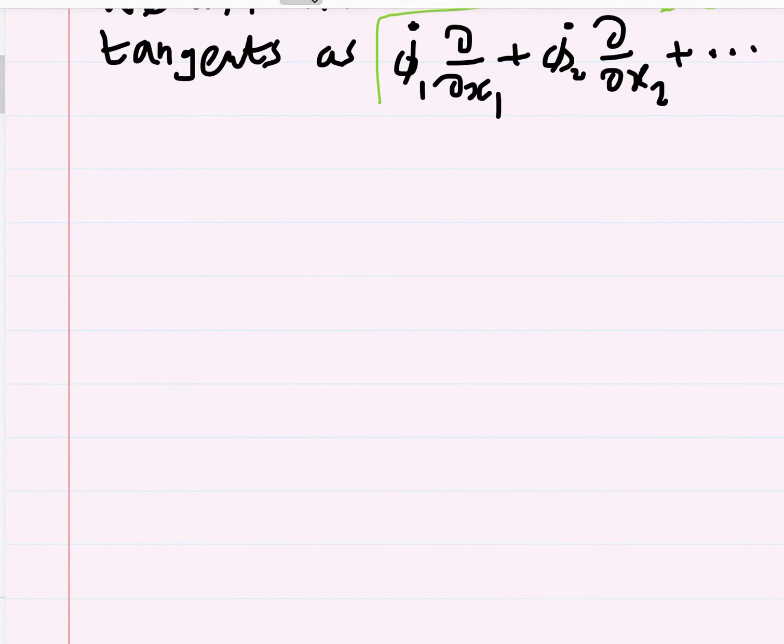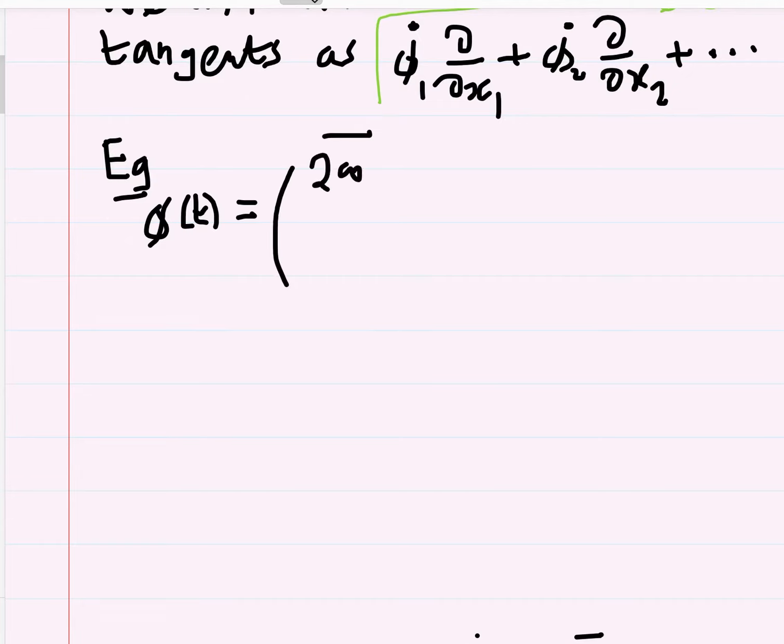Right, so here's an example, I suppose. Suppose you have an example where your phi of t is given by, say, 2 cosine t, 2 sine t, and let's suppose the third coordinate is t.